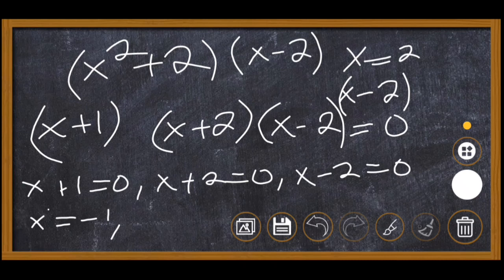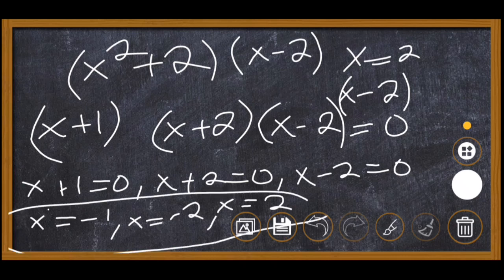Taking positive 2 to the other side, you are going to have x equals negative 2. And taking negative 2 to the right side, you are going to have x equals positive 2. So these are our values. It means that we have solved this expression completely. This is how we solve polynomial functions.